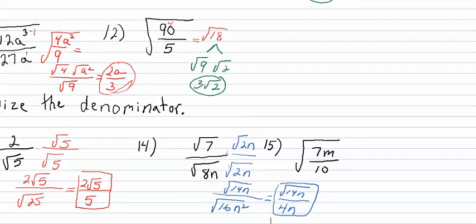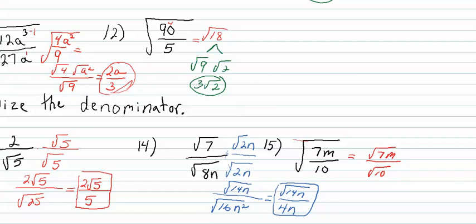Okay, now I look at the 2. And I say 7m, is that a perfect square? No. Radical 10, is that a perfect square? No. So I'm going to go ahead and break it up with 2 radical symbols. Put that at the top and radical 10 at the bottom.